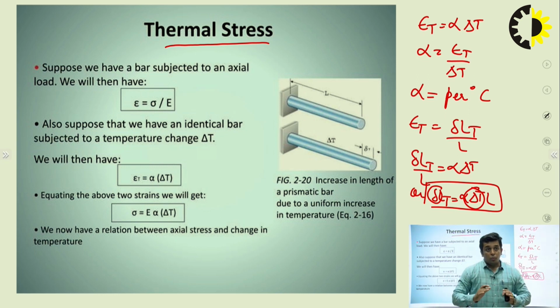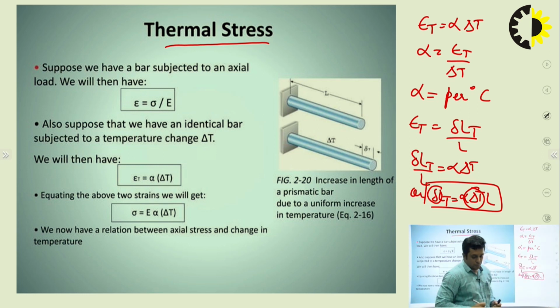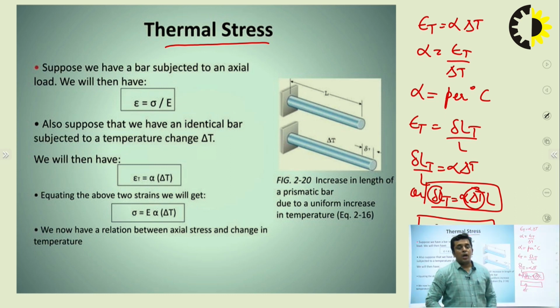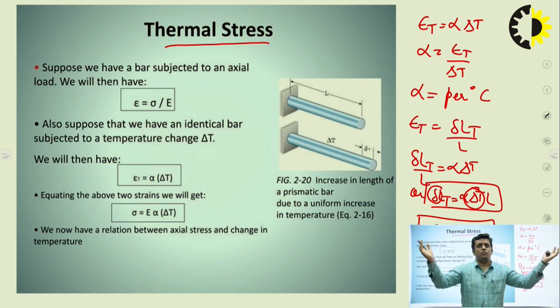Before going to thermal stress, we have gone through this concept and achieved the relation that delta LT is given by alpha delta T L. Now see, suppose there is a body and we are changing its temperature, and the body is free to move, free to expand.